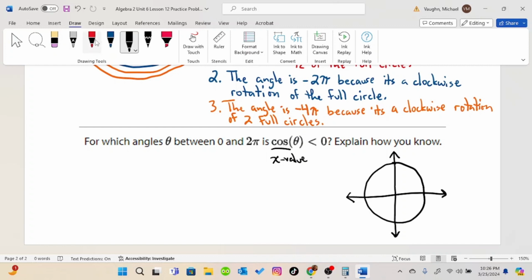So if I want cosine, which is x, to be less than 0, I cannot be in quadrant 1 or quadrant 4, because over here, x would be positive. So this means I need to be in quadrants 2 or 3.